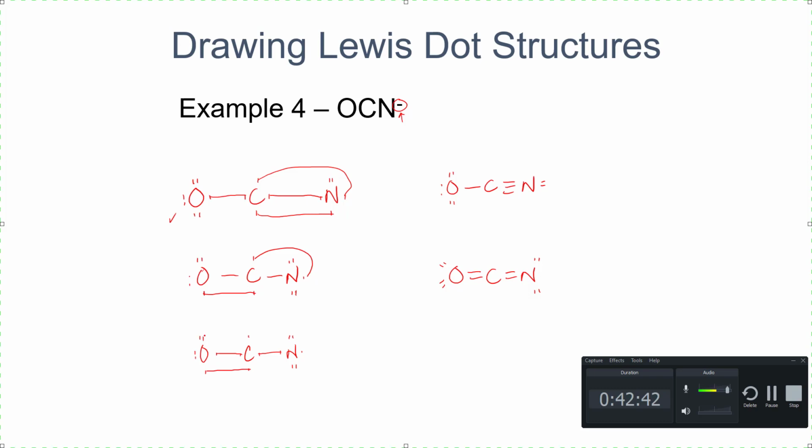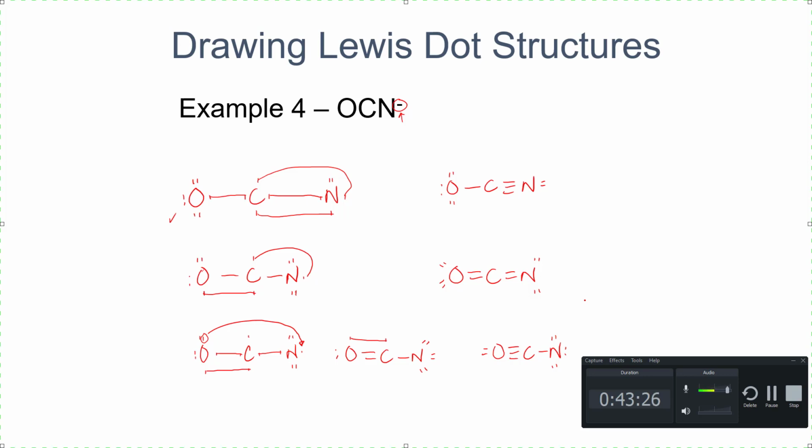But now let me pick up this electron and give it to this nitrogen so that I have this, which then I can share those 2 unpaired electrons and form my third resonance structure. But you probably already knew that. Okay. So there's my third possible Lewis dot structure.